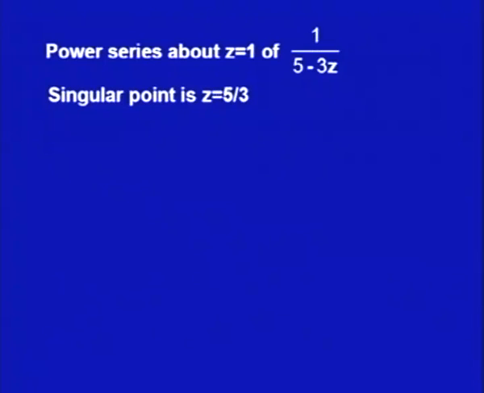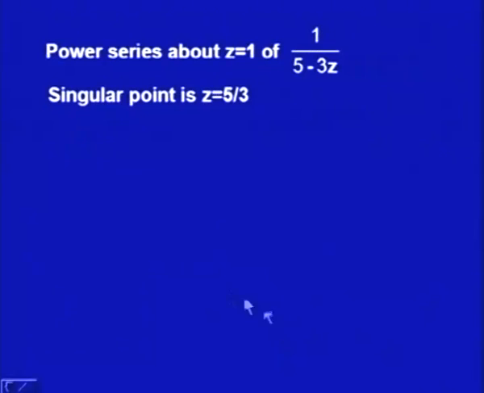In this example, we are trying to obtain the power series of the function 1 upon 5 minus 3z about z equal to 1. So far we have been considering power series of functions about z equal to 0.